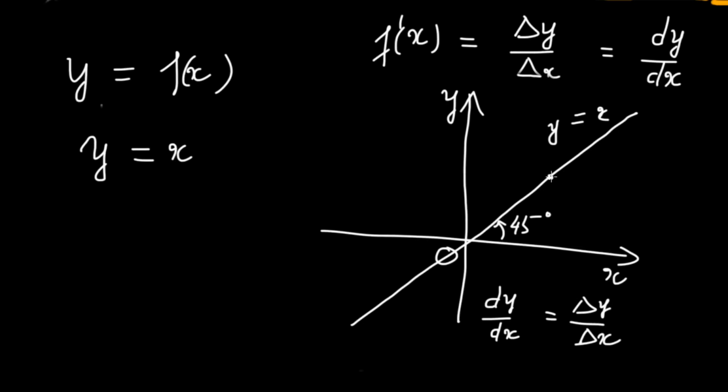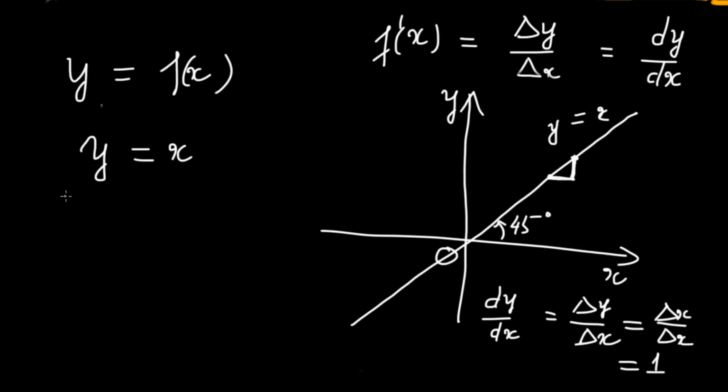At this point, we can see y always equal x, which means delta y should be equal delta x. If we put another point right here, the change in y should be this line, and the change in x should be this line, and this line should be equal in length. So basically, delta y over delta x should be equal delta x over delta x equal 1.